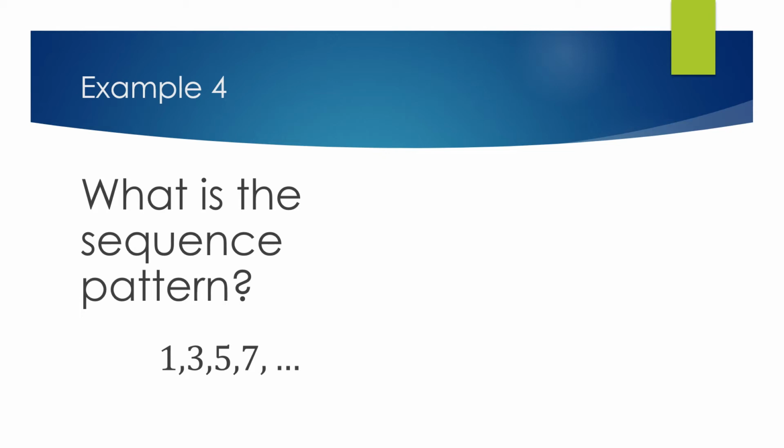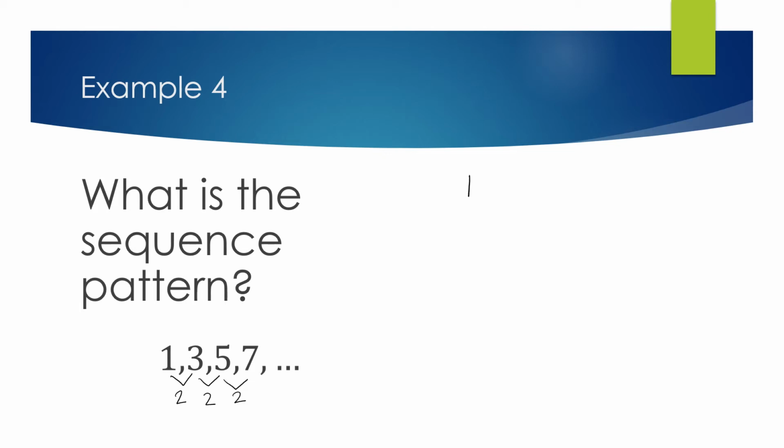Well, we notice that the difference between the 1 and the 3 is 2, between 3 and 5 is 2, and between 5 and 7 is 2. So basically, it's almost like we're multiplying a previous number by 2, but we have to do something else to it.